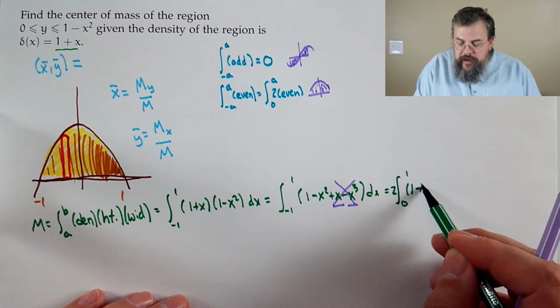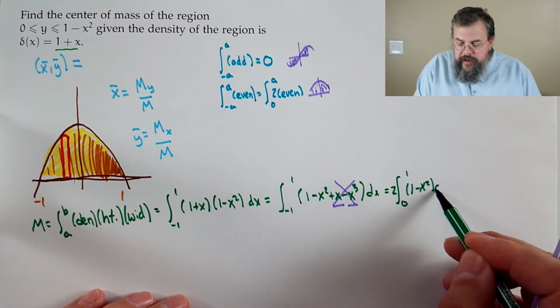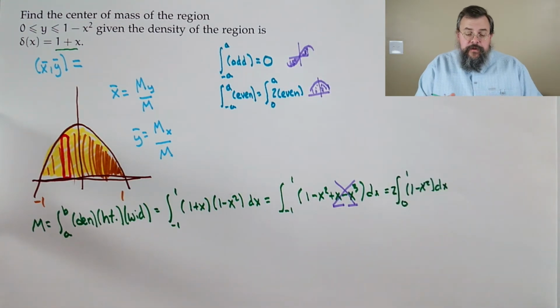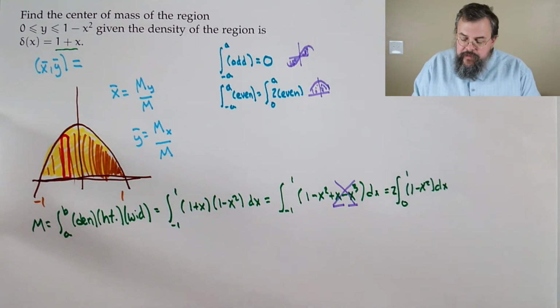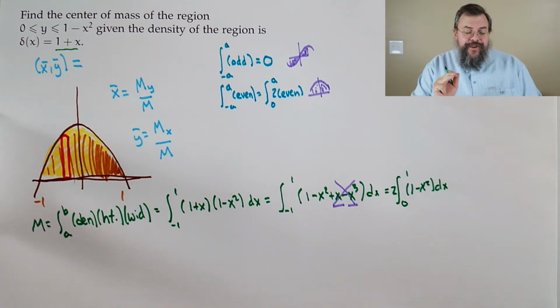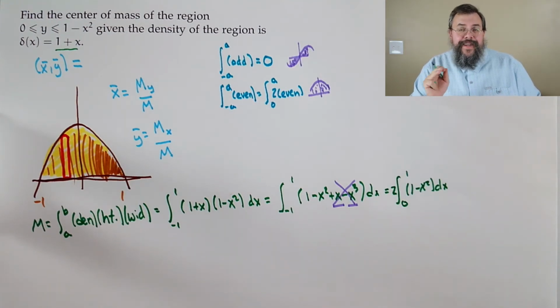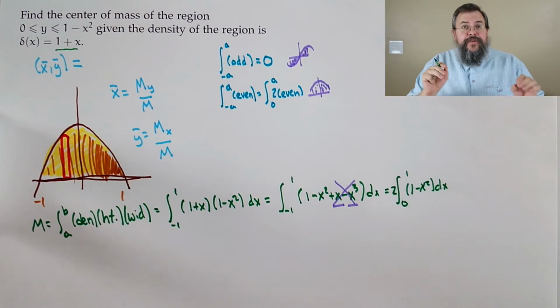So 2 times the integral of 1 minus x squared dx. This is using symmetry to collapse the integral down, just to save ourselves a little bit of space. If you didn't do this, you still get the same thing. I'm not saying this is something you have to do. It's just, hey, why don't we save ourselves some work?